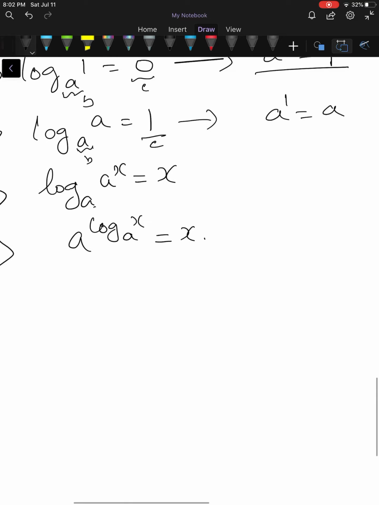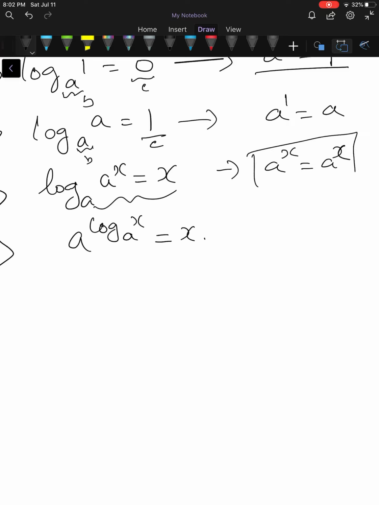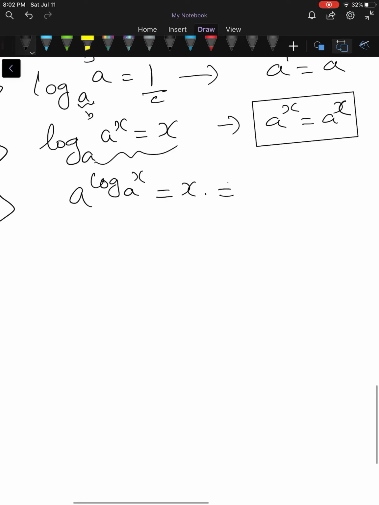So a raised to the power of 1 will be a, and that also makes sense. And a is the base and the exponent is x. A to the power x is a to the power x itself. So that's why log base a of a to the power of x is equal to x itself.